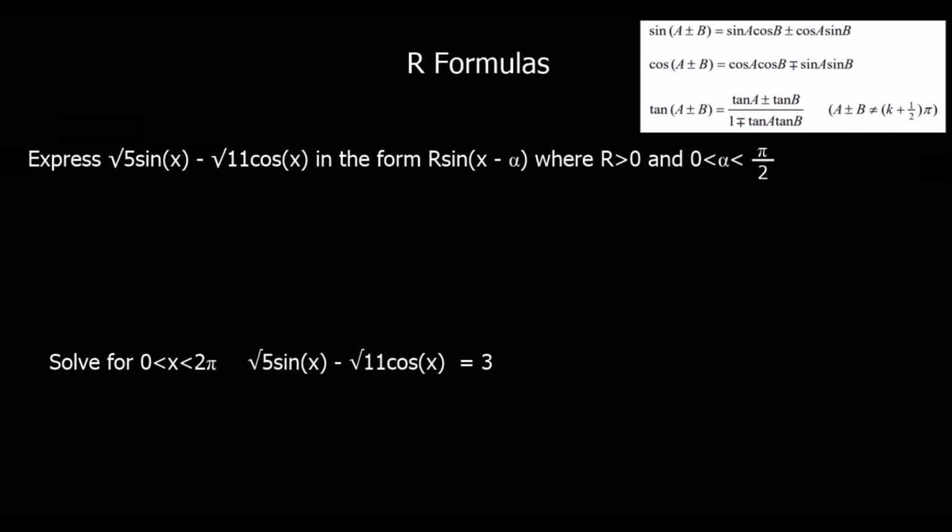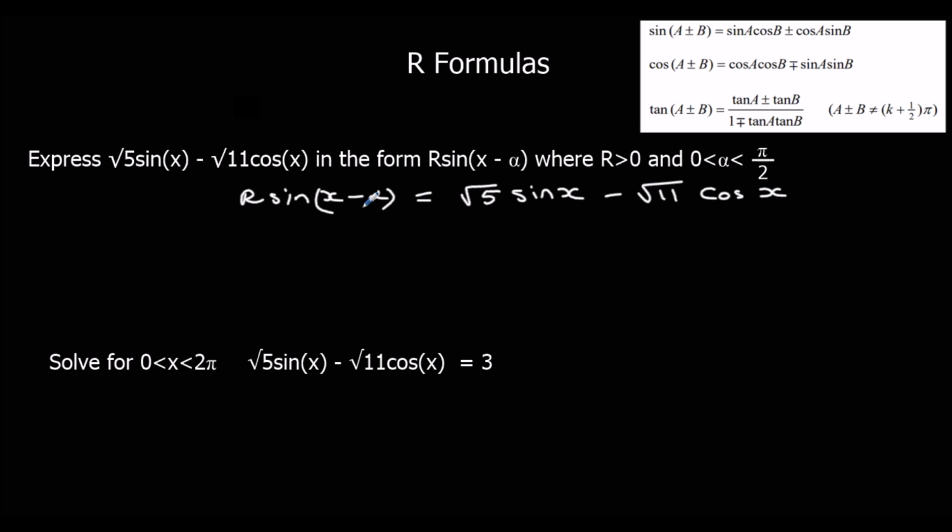Okay, here's another question. You can pause the video again, give this one a go, or carry on watching and I'll go through it. We want R sine x minus alpha, and the original is √5 sine x minus √11 cos x.